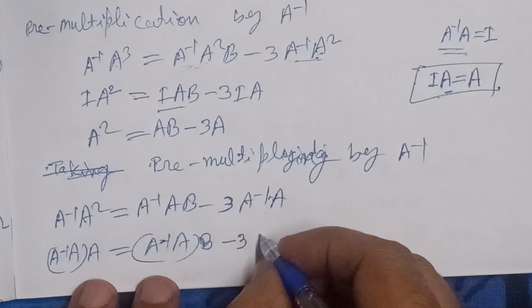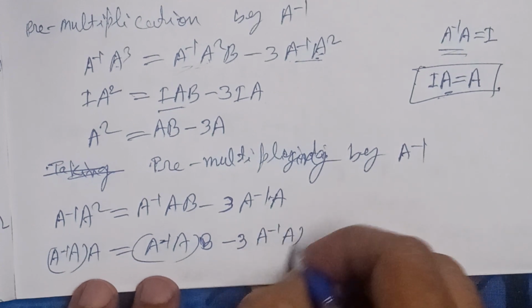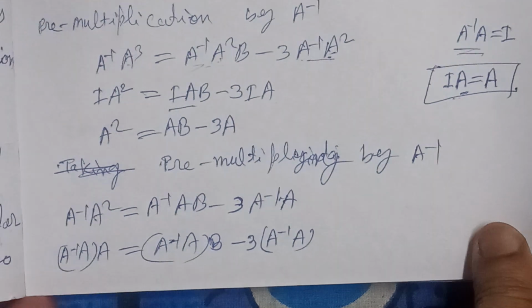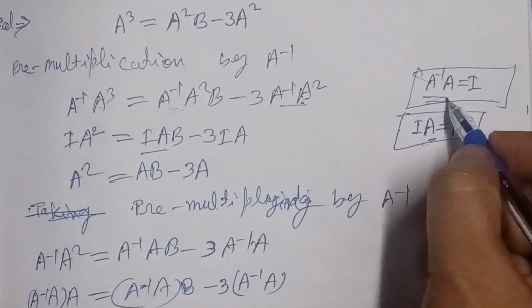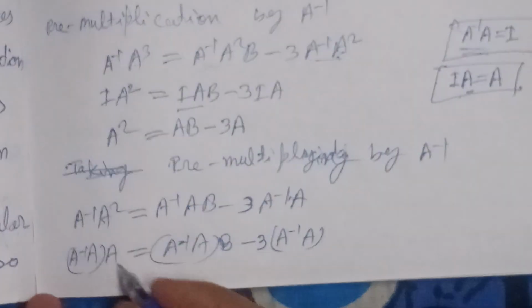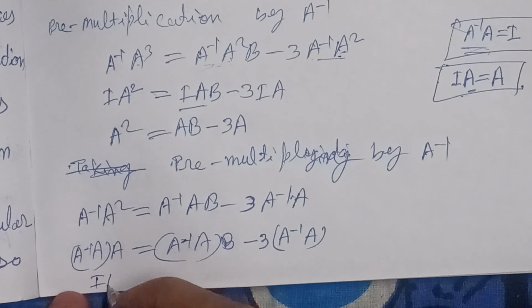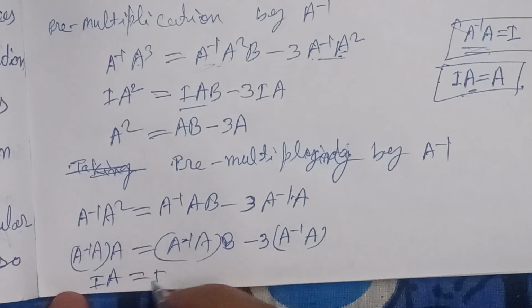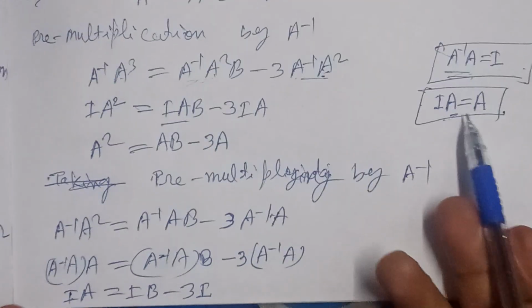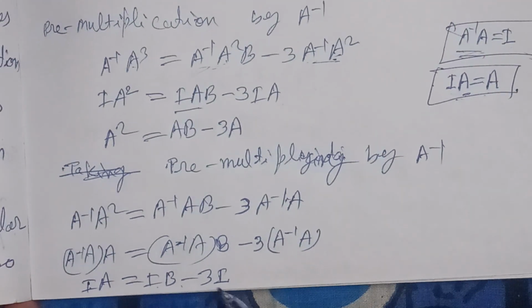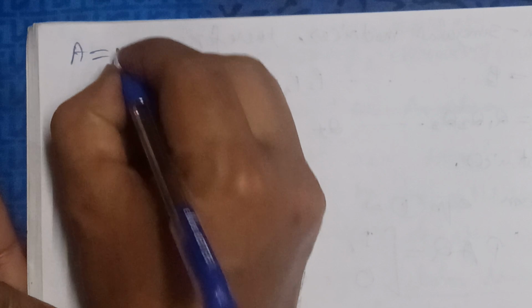And the value of A inverse A is equal to I. So I write I A is equal to I B minus 3I. We know that I A equals A and I B is equal to B. So I write A is equal to B minus 3I.